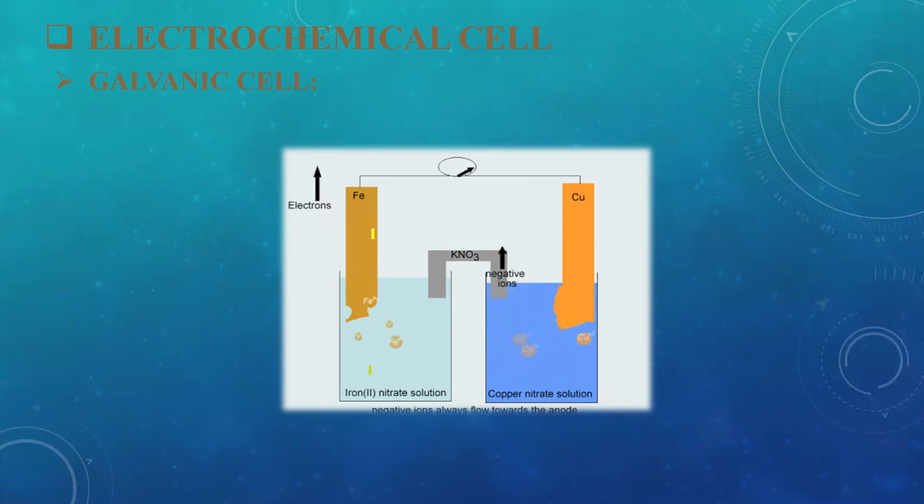In it an electrode is dipped, and both electrodes are connected with an external wire, and the two half cells are connected with a U-shaped tube. You can see a U-shaped glass tube which is used to connect these two half cells, which helps us to form a complete cell, which is known as an electrochemical cell.